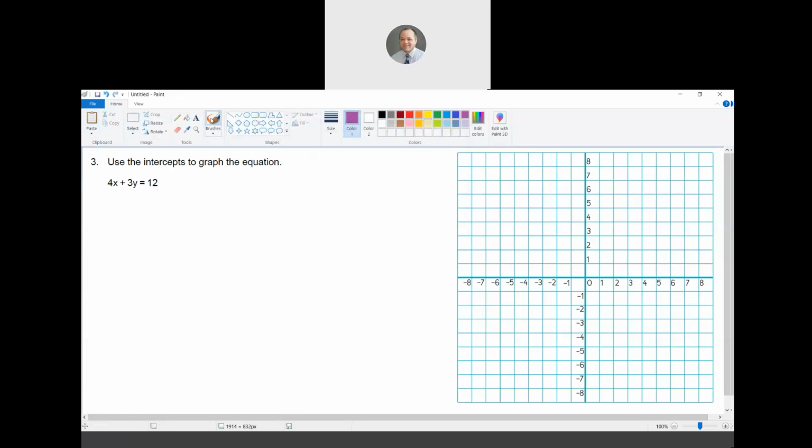Use the intercepts to graph the equation 4x plus 3y equal to 12. Draw your xy table. Again, because we have x and y on the same side, use 0 for x and 0 for y.